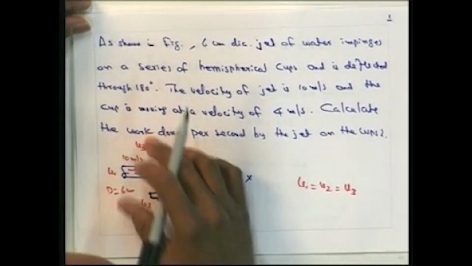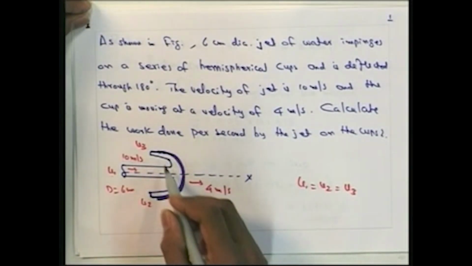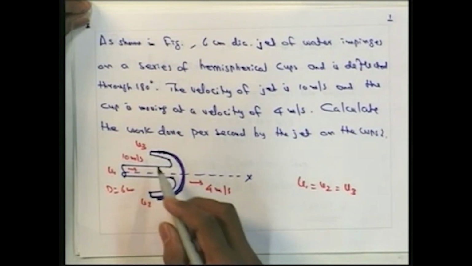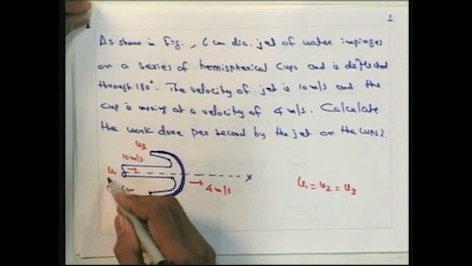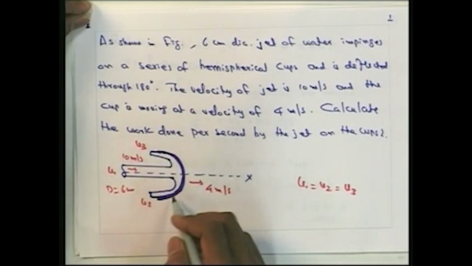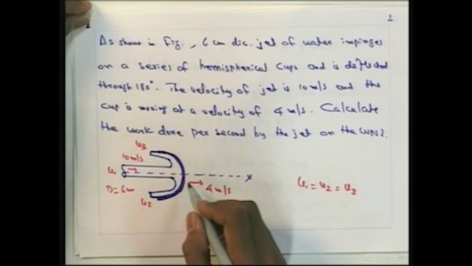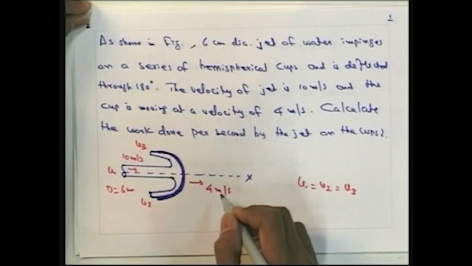Here the first case is a problem like this. There is a curved vane or a plate or a cup like this, and a jet is coming and hitting on the vane or the cup, and the vane or the cup itself is moving with a velocity.